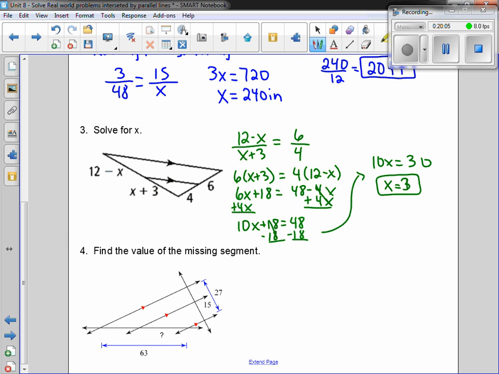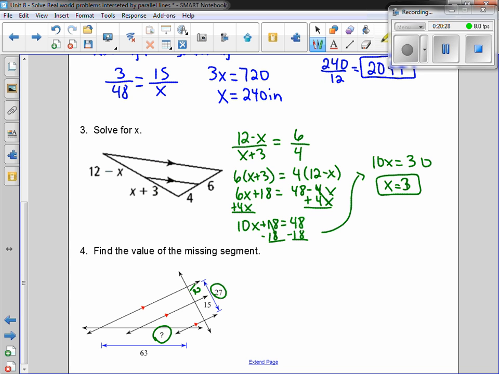In our last example, we are given the total side here, so we need to subtract 15 from 27, and we know that that side is 12. We are also looking for the entire piece on the bottom, and we're actually given that value, and we're looking for a piece.